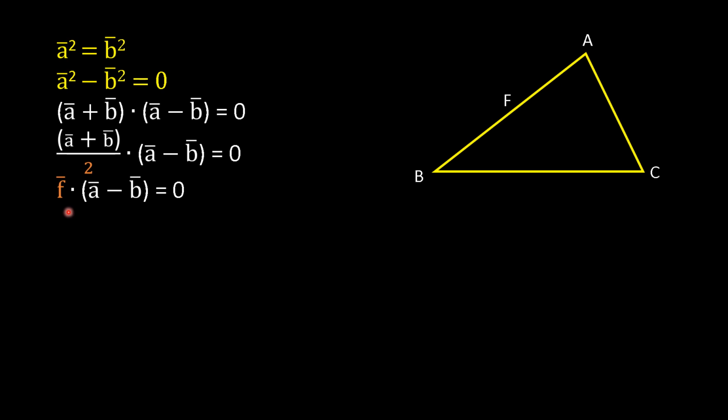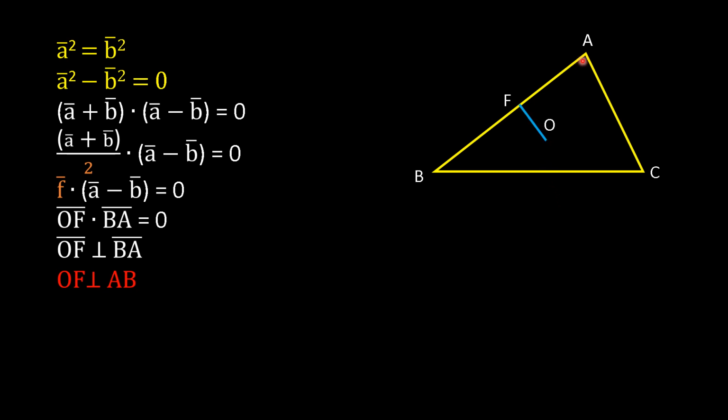But F bar is OF bar and OF bar dot BA bar is 0, which means OF bar is perpendicular BA bar. That is, OF is perpendicular AB, which we show like this.